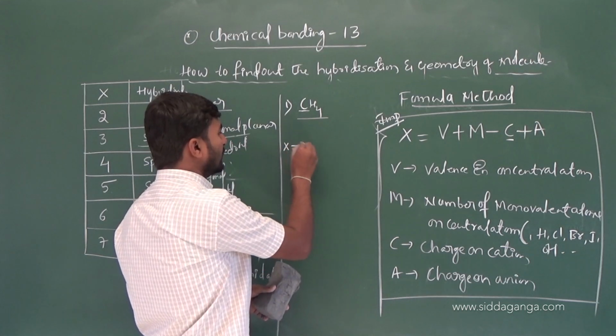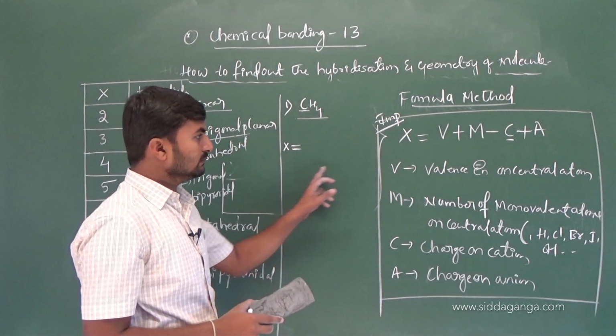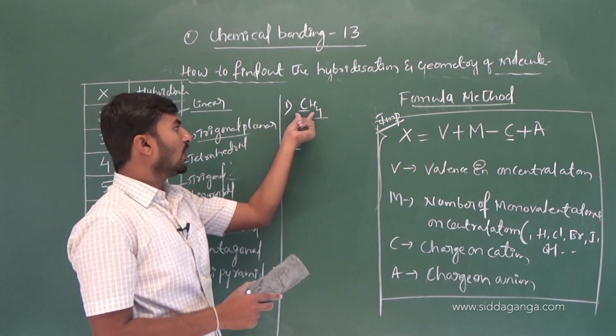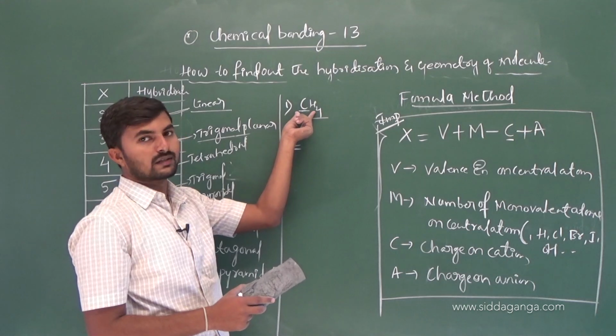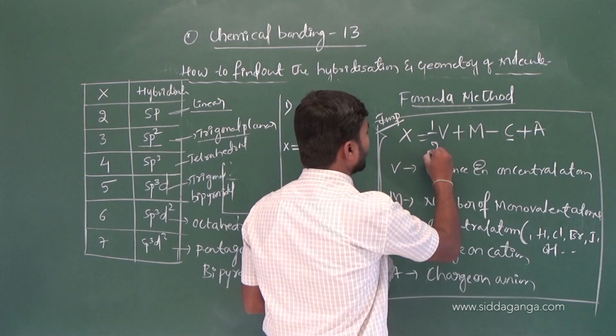To calculate the value of X, valence electrons on the central atom. How many valence electrons are there on the central atom? Okay, I just missed one thing here, half.